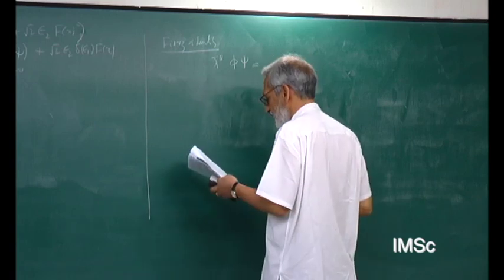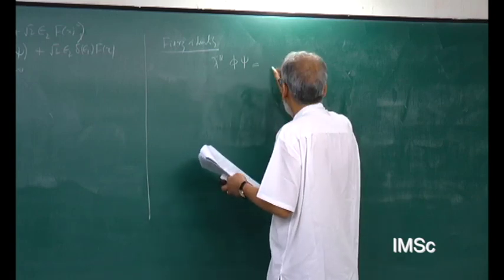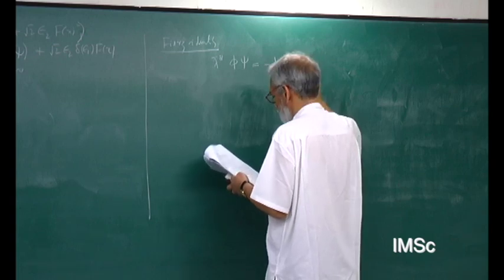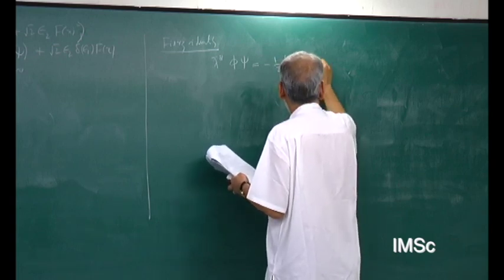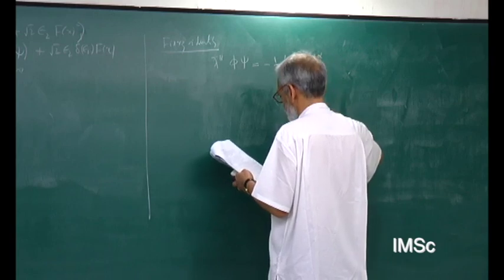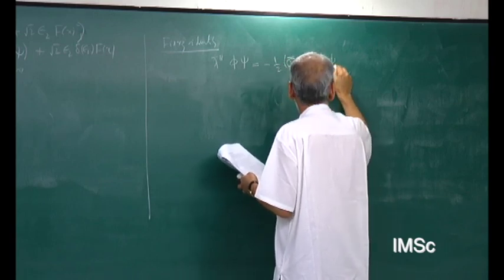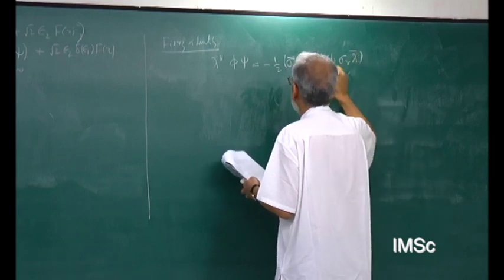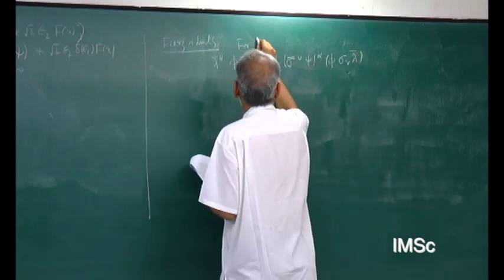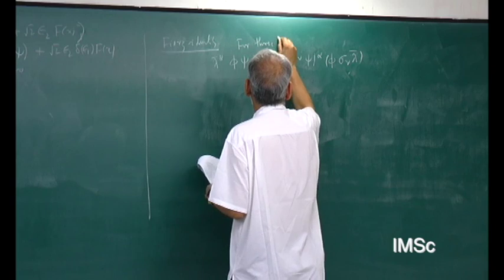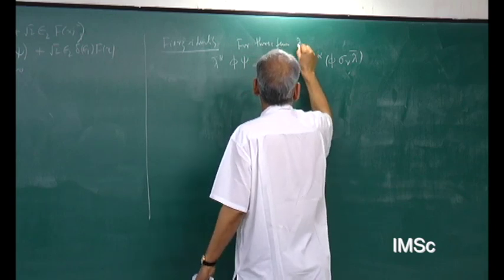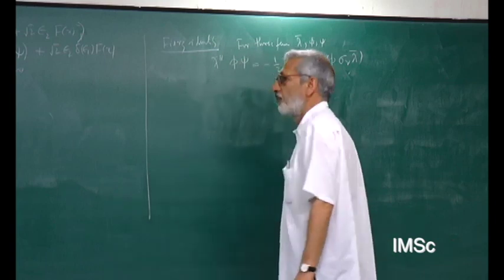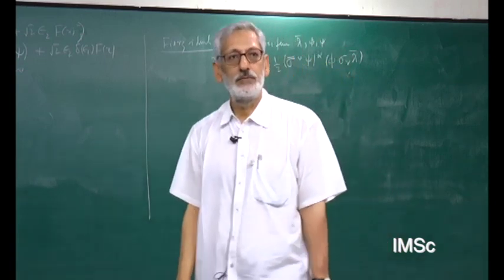You can rewrite this product as minus half sigma bar nu psi alpha dot phi sigma nu lambda bar, for three fermions lambda bar, phi and psi. This identity is true.